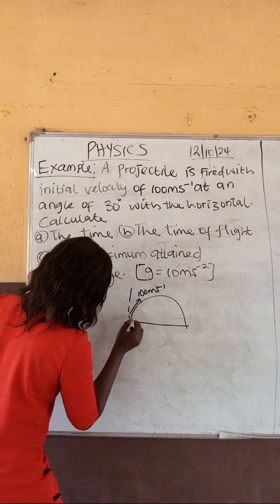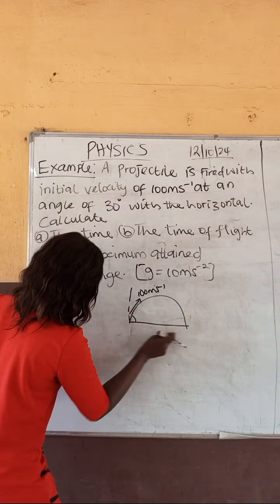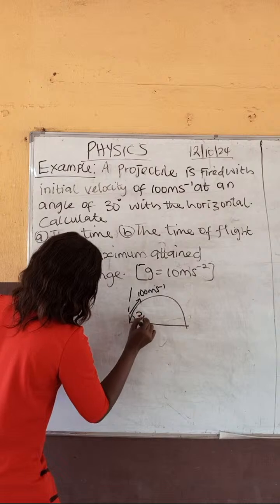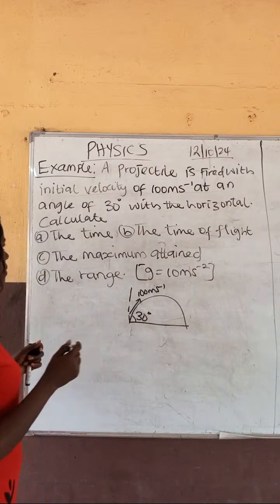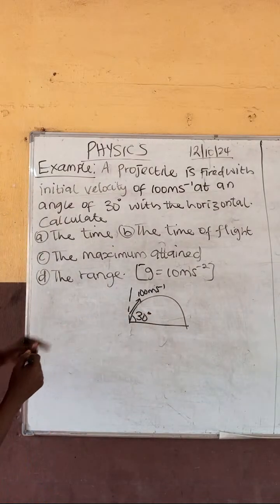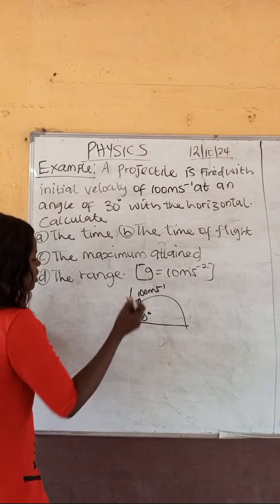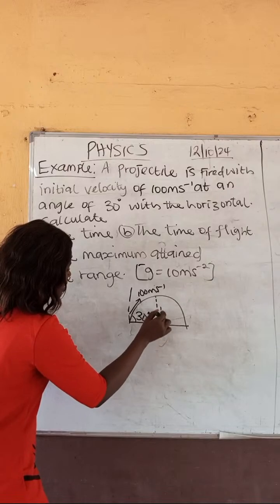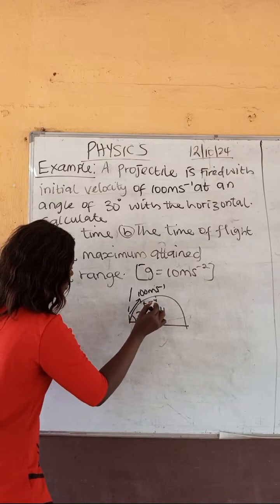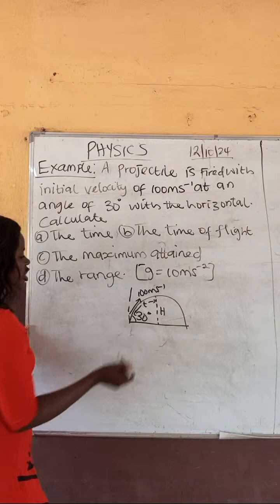So the angle that is here and is touching the horizontal becomes 30 degrees. We are asked to calculate, one, the time. Which time are we looking for? It is the time required to reach the maximum height. So we are looking for number A, the time to reach here.